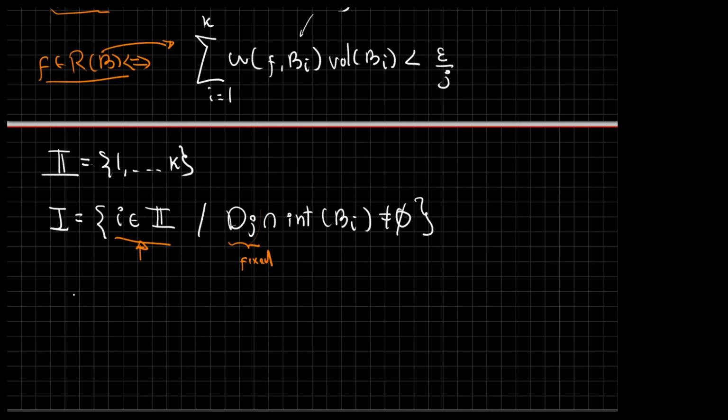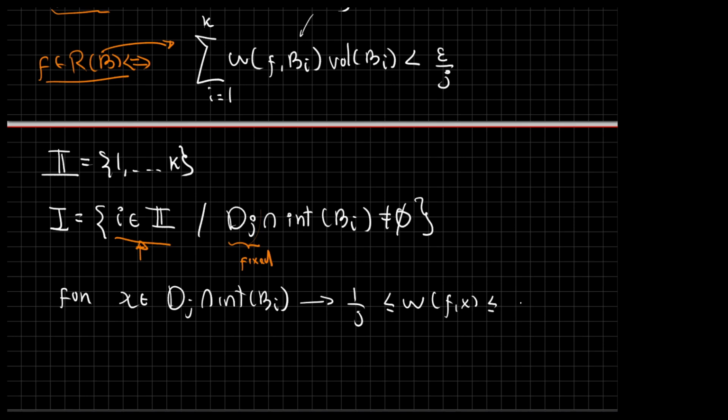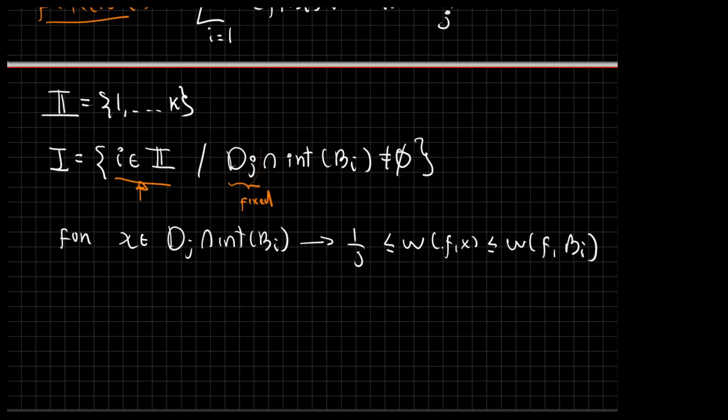Now for a point that is in this intersection, it will hold that this is greater than the oscillation, by definition of the J, and then this is less or equal than the oscillation here, because X is in the interior of this set, right?